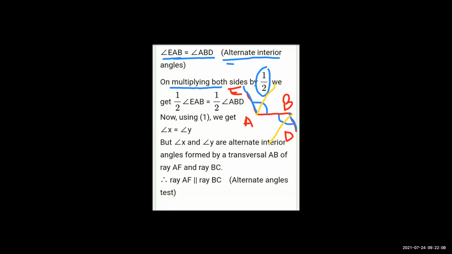So this is angle X and this one is angle Y. Those are also alternate interior angles, and if they are of equal measurement, then the two lines, AF and ray BC, are parallel to each other due to the alternate angle test.